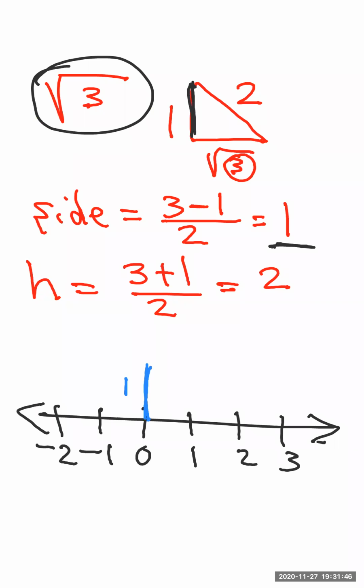Then open your compass with the length of the hypotenuse, which is 2, and fix the sharp point at this one. Draw one arc to intersect the number line like this. So this will be the hypotenuse, and this point is the square root of 3.